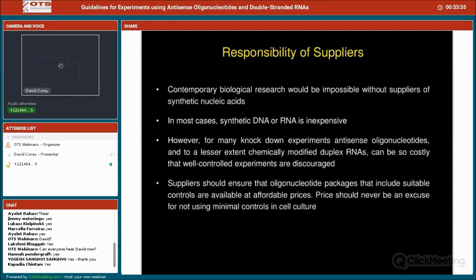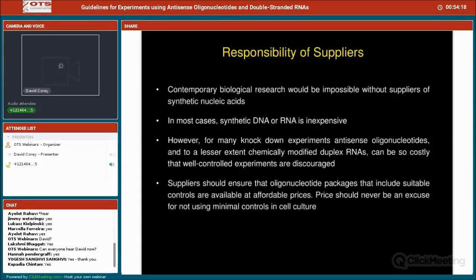So one of the proposals that I would have the field discuss is that suppliers should ensure that oligonucleotide packages are being sold with suitable controls that are available at affordable prices. Because price should never be an excuse for not using minimal controls in cell culture.